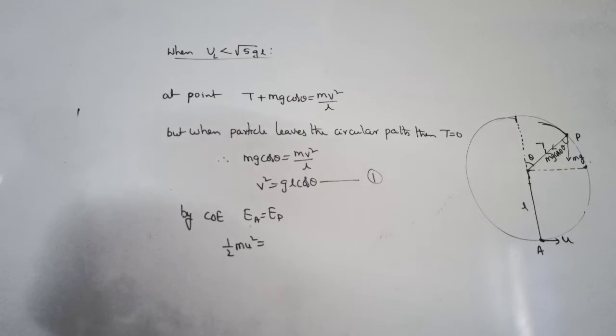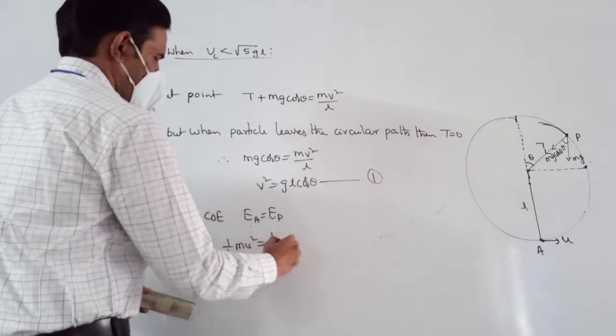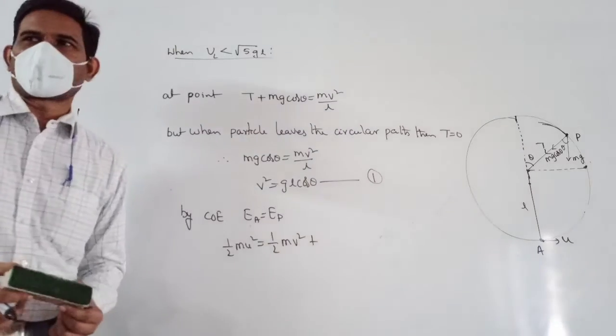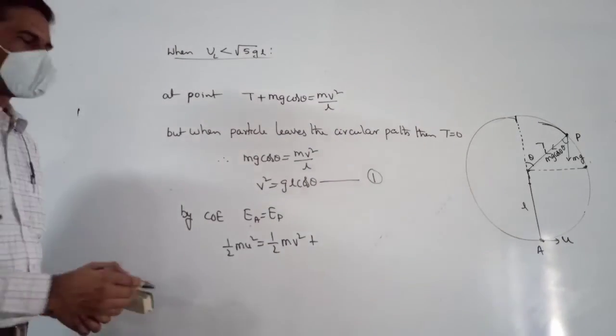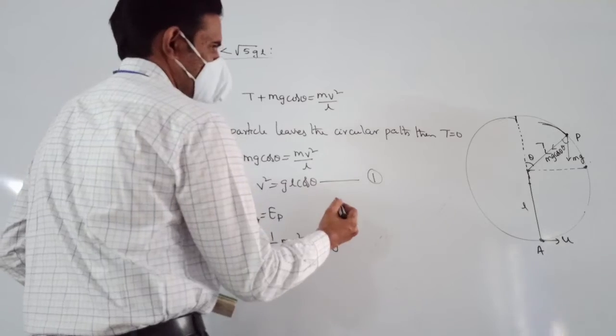What will be the potential energy at point P? Mg of this height we need to write here, from here to here, this lowest point. This is already L, right?